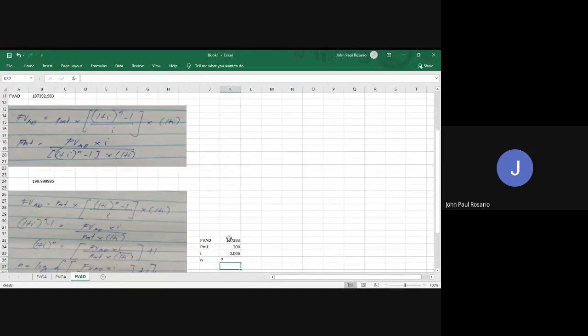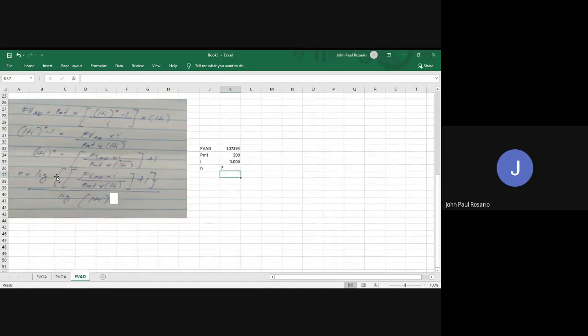Let's try to solve it, guys. Grab your calculators and substitute the values into this formula.